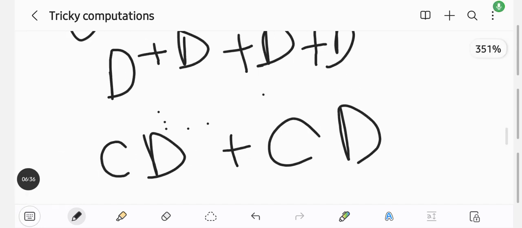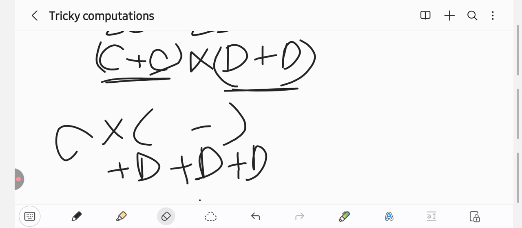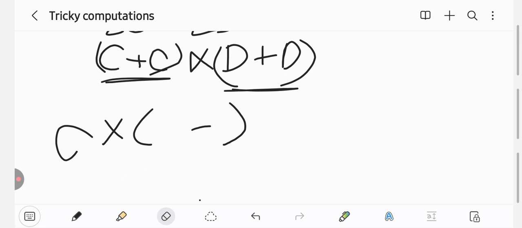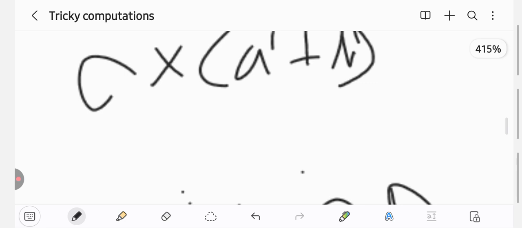To make it easier, we can replace these d's with a prime and b prime. Now a prime plus b prime: if c times a prime plus b prime, we can see that a prime plus b prime was added c times.